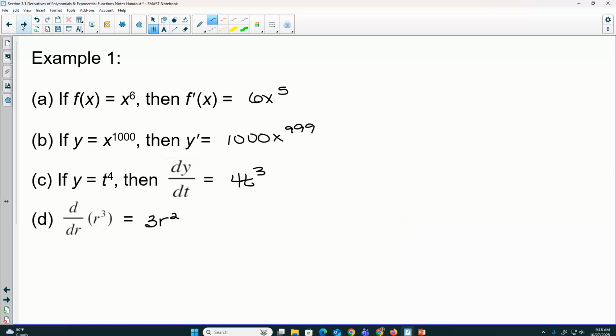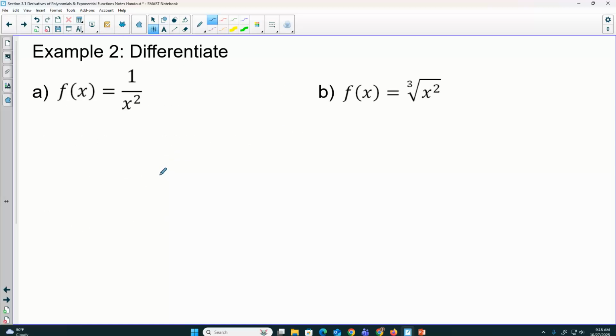So let's talk about if we have something that's written a little bit differently. Is there any way we could use our power rule to find these derivatives? If I have 1 over x squared, how could I rewrite that? So x to the negative 2.